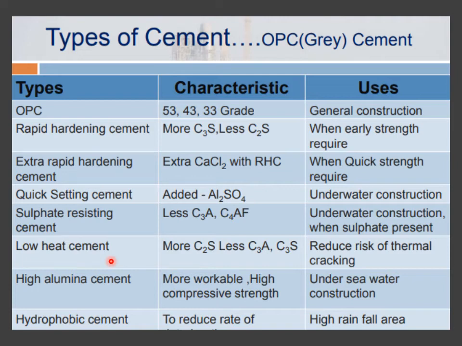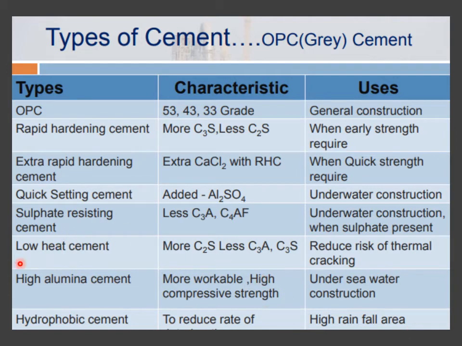So a very huge amount of heat is liberated. Liberation of heat will also give rise to many more cracks, right? So to avoid that, we use low heat cement, especially in very large construction areas. This is just to reduce the risk of thermal cracking. The best example is in the case of dams and the like.